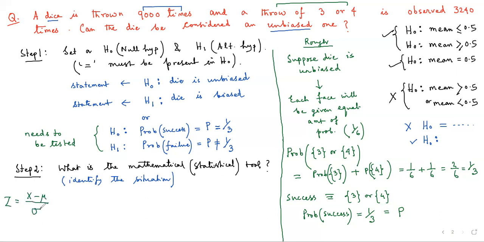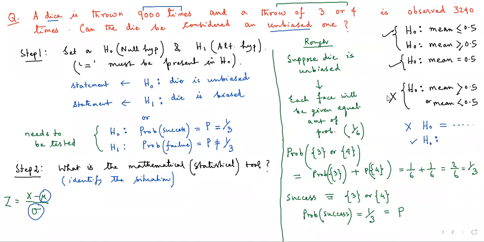But since the situation is behaving similar to a binomial distribution, in place of mu you can put np, and in place of sigma you can put root over npq, because in a binomial distribution the mean of the random variable is np, and the variance is npq.